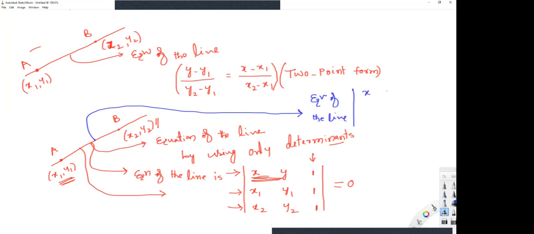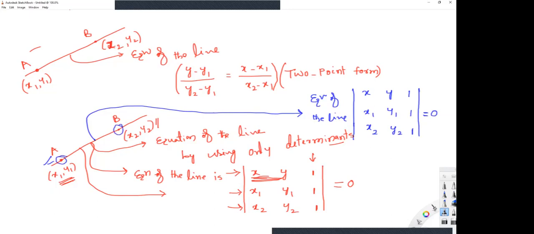In the first row, first two elements are x y, always fixed. In the second row, first two elements you write the first given point x1, y1, and in the third row, first two elements are the second given point x2, y2, and the third column is always fixed 1. And since we are finding an equation, definitely don't forget to write equal to 0.